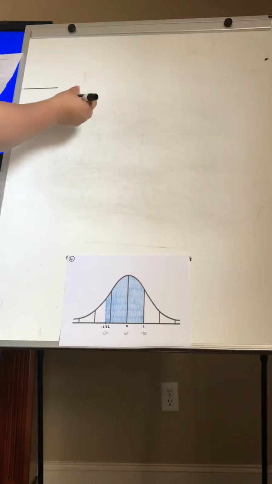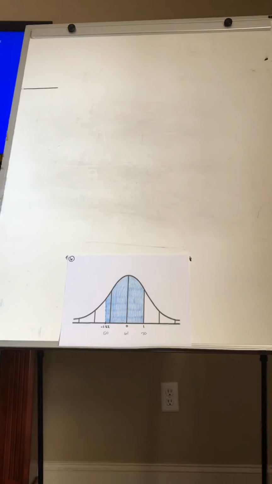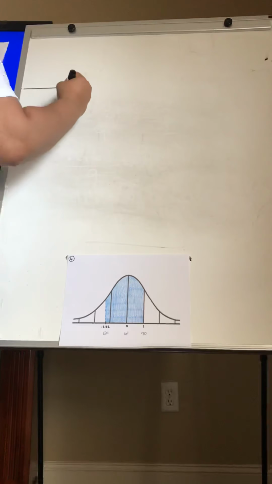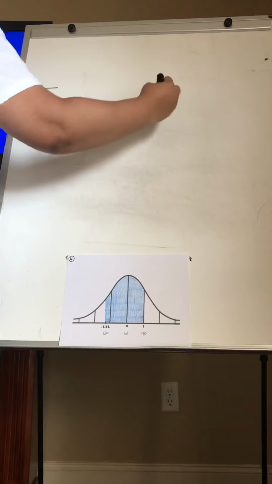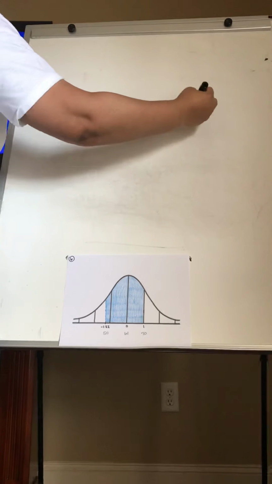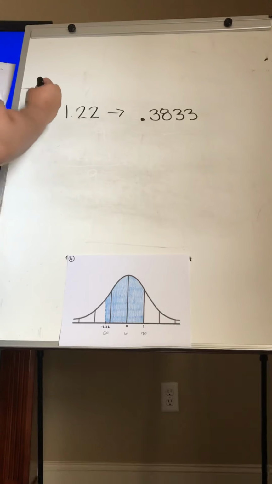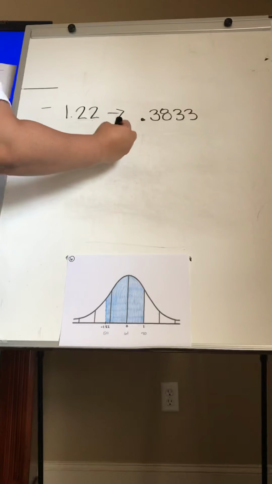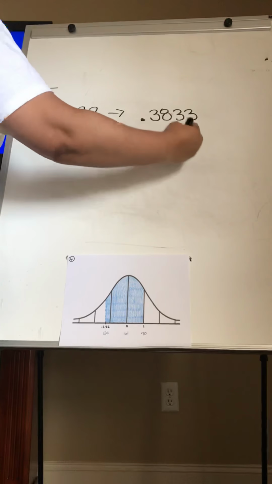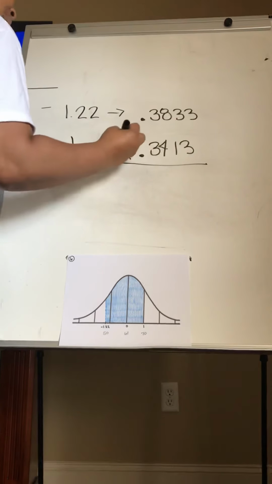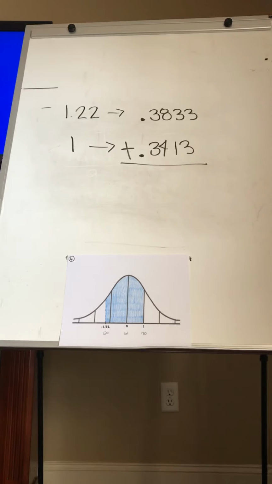So if you look for 1.22's portion between mean and z, and again, it doesn't matter if it's negative or positive, it's going to be 0.3833, and 1's portion between mean and z is 0.3413. And this time you add them together.